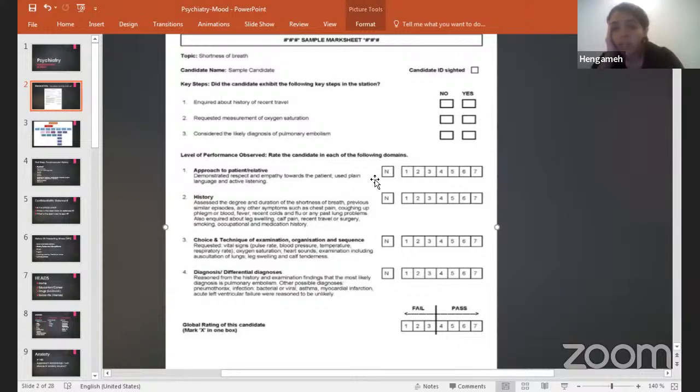So we might get a 3 and 4, 4, 4, and if we calculate the average, it'll be 4 or 3.8, but we still might fail, because the examiner is the one who decides whether to round it upwards or downwards. So we might fail even though in each domain we got an acceptable 3 or 4. And in order to pass the case, we have to get 4 and above in the global score.